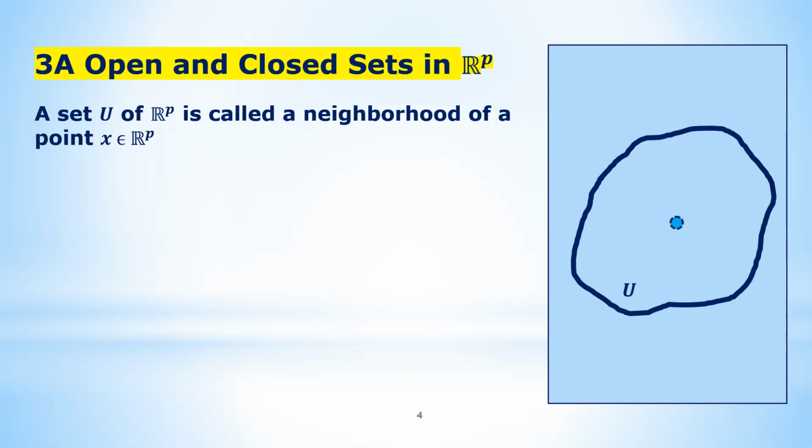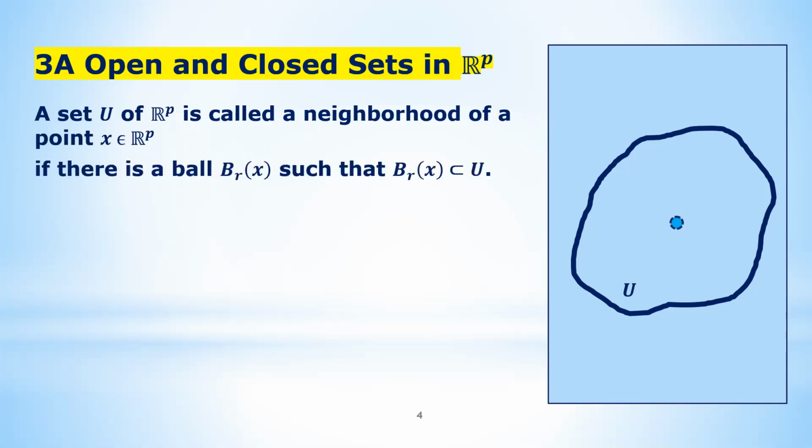The concept is very simple here. U is a neighborhood of x if there is a ball B(r, x) whole contained in U. So if there is a ball centered at x which is contained in U, then U is a neighborhood of x. That's a simple concept.